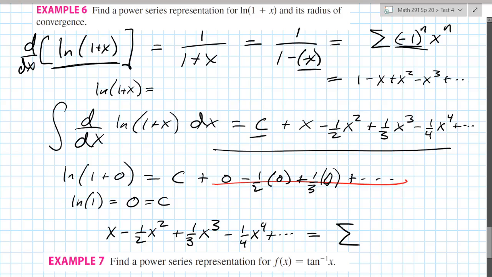So what I see is something like x to the n. I see an alternating sign here. I see a division by n. So notice it's going 1 over 1, 1 over 2, 1 over 3, 1 over 4, and so on.